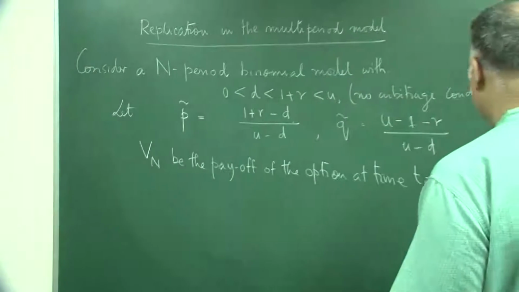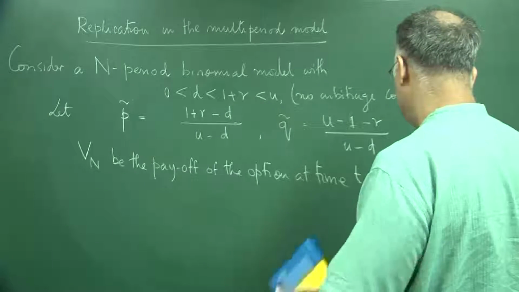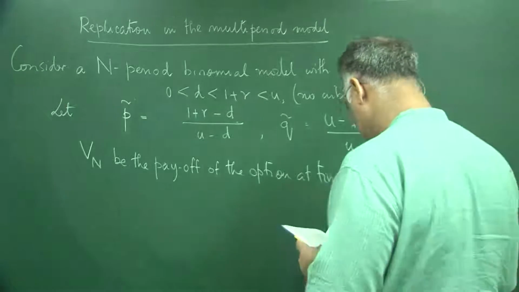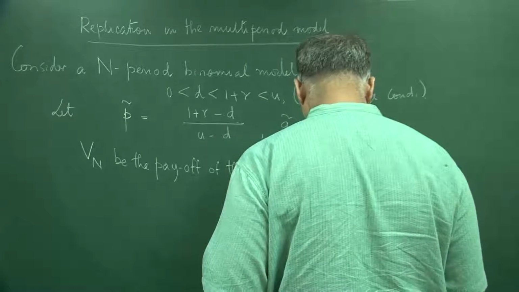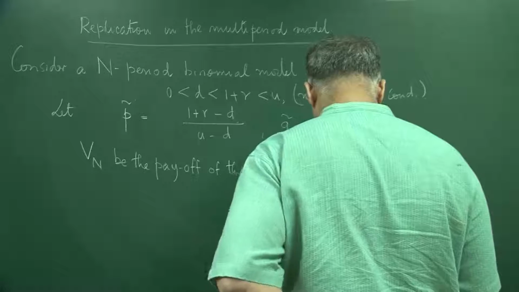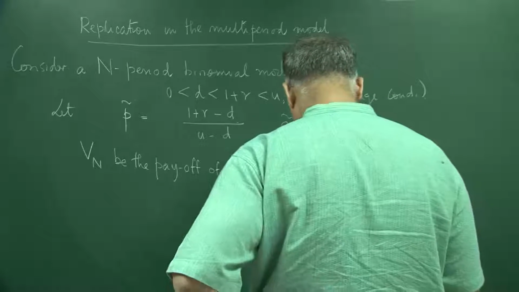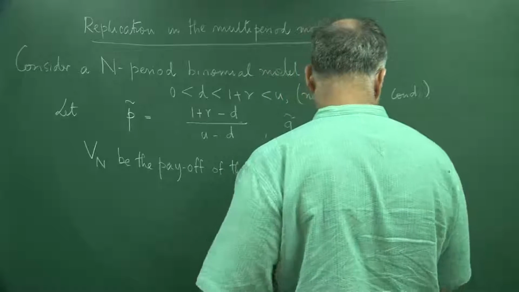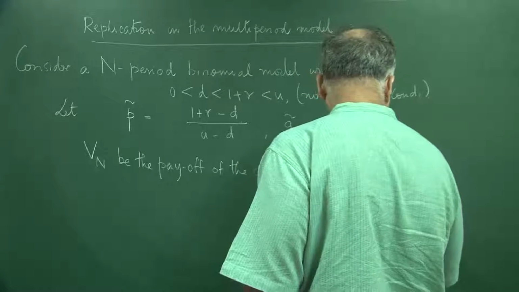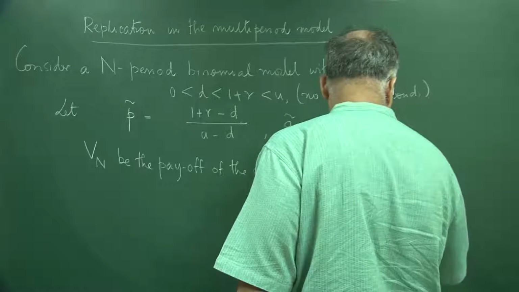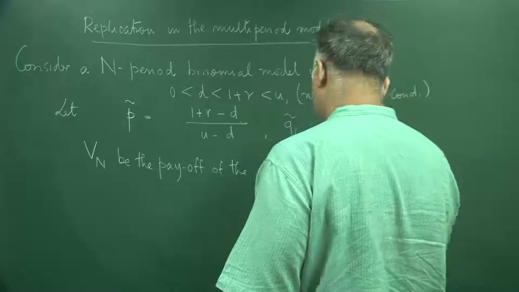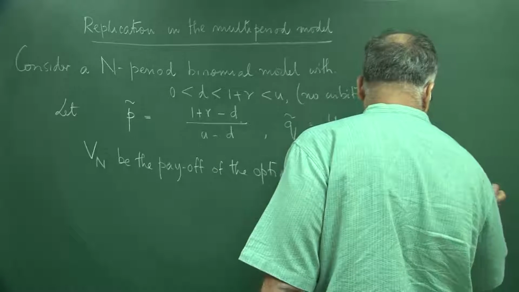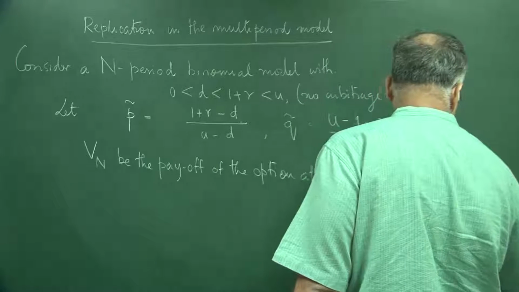So, t equal to n means there is a path by which we have written V_n of omega 1, omega 2, omega n.